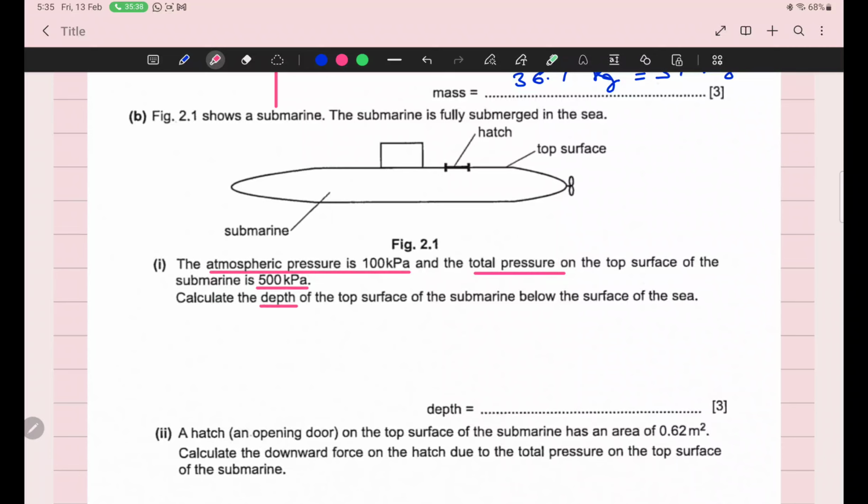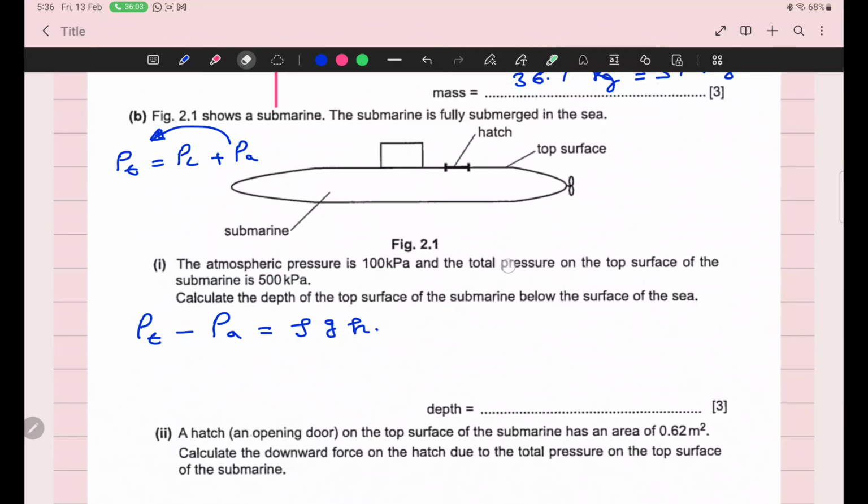Calculate depth. Sir, it is again the same kind of question. Total pressure is equal to pressure of liquid plus atmospheric pressure, and obviously total pressure minus atmospheric pressure is equal to pressure of liquid.